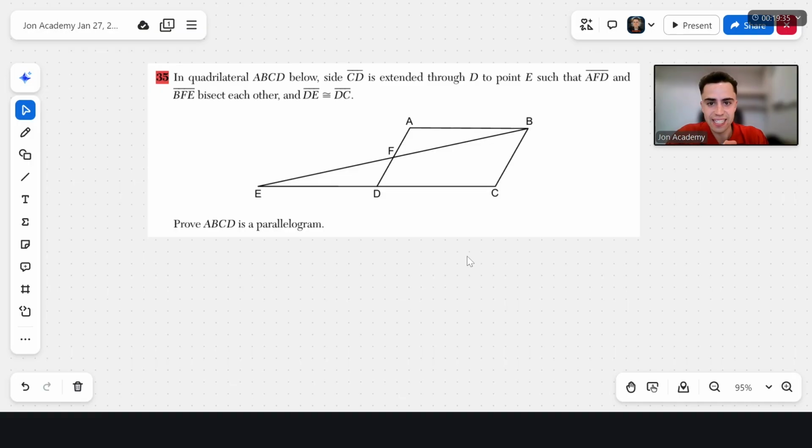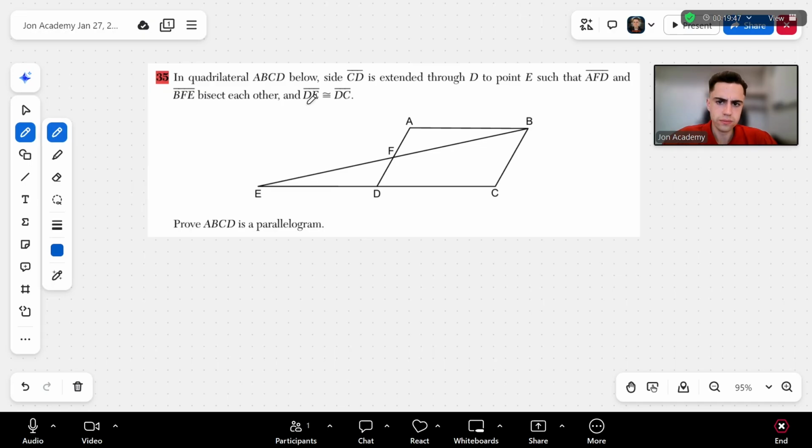And they tell us side CD is extended through D to point E, okay? AFD and BFE bisect each other, and DE congruent with CD. So these are the two main things we need to use. Okay. So let's see.